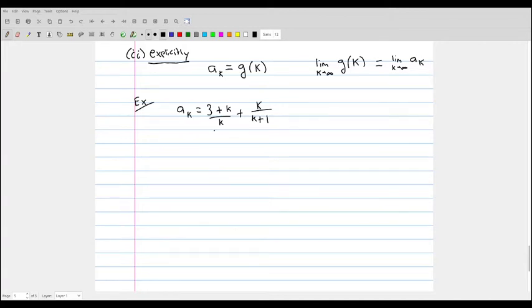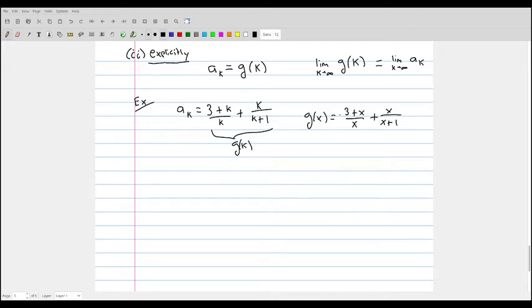Okay, this is where our function g of k is directly related with the function g of x, (3 plus x) over x, plus x over x plus 1. So, we have a number of different properties that I'll summarize at the end of the video.